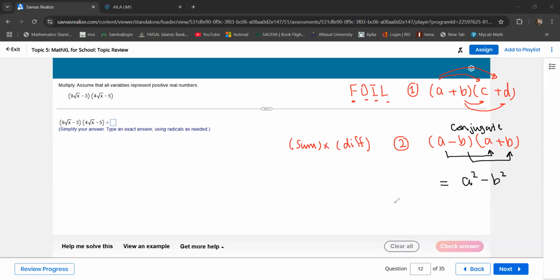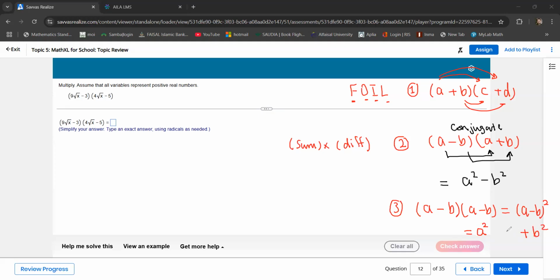The third type of multiplication is when we have the exact identical bracket, even with the sign. We have like a minus b times the same a minus b, which we used to write as a minus b squared, a minus b to the power of 2. So in this case, we make power 2 for the first, a squared. And we take a space, and we make power 2 for the second, positive b squared.